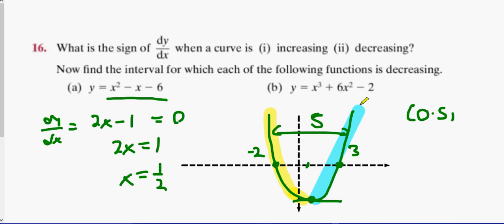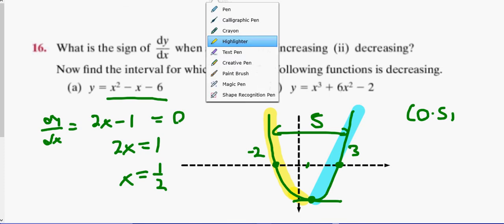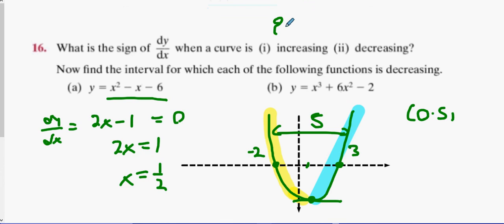For the yellow part, the slope is always negative. For the blue part, the slope is always positive. So, when it's increasing, the sign is positive. When it's decreasing, the sign is negative. Everybody get that? Any questions? I'll pause it.